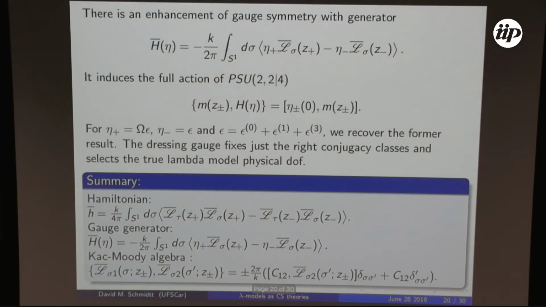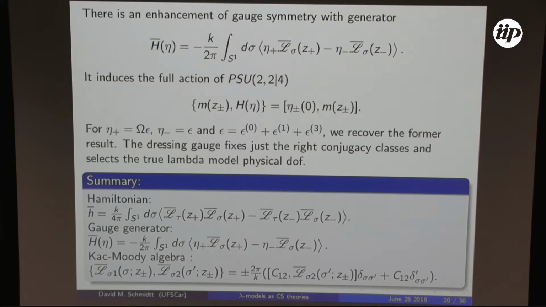So if we want to gauge fix the theory, we need to fix only the conjugacy classes that are related to the kappa symmetry, which are the first class, and to gauge degree 0. So there is an enhancement of gauge symmetry, which is easily seen by considering this generator. It induces this full action of PSU on the monodromy matrix, but just on the poles.